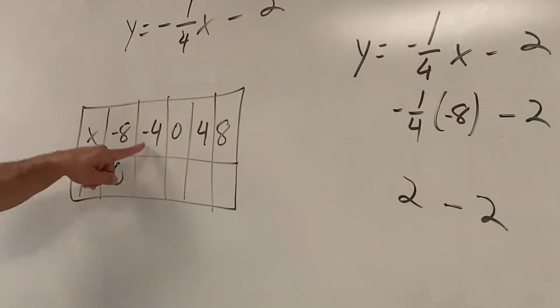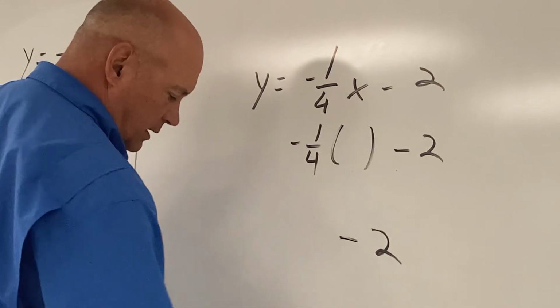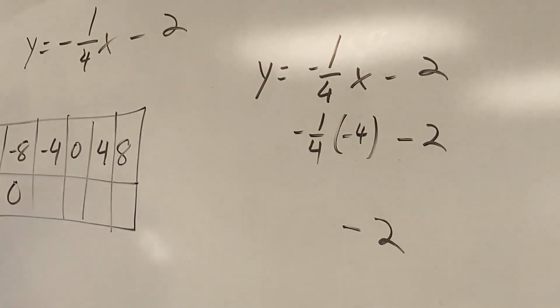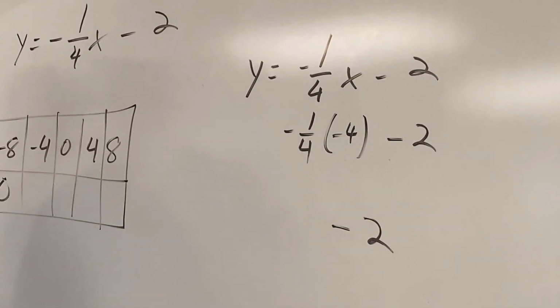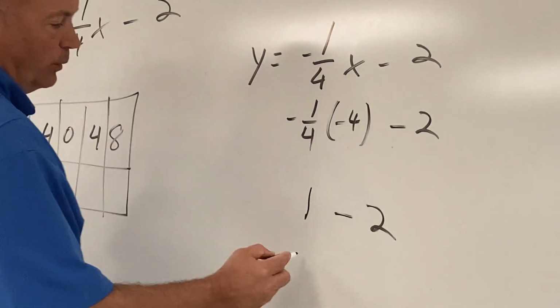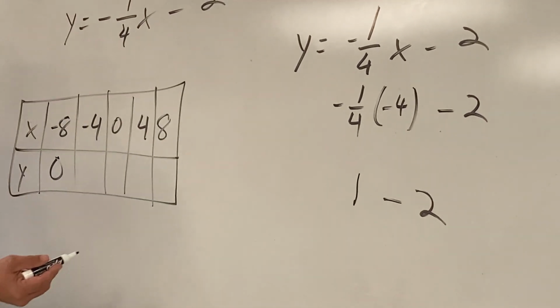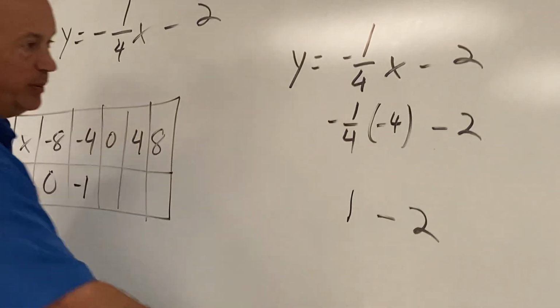Let's plug in -4. Calculator's going to be handy. What's -4 times -1/4? 1. What's 1 minus 2? It's -1.